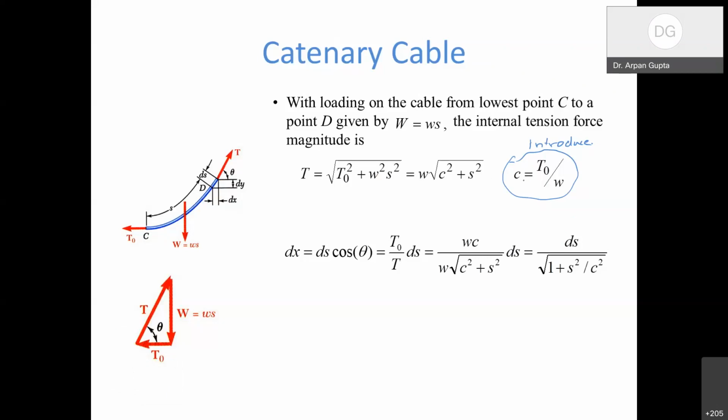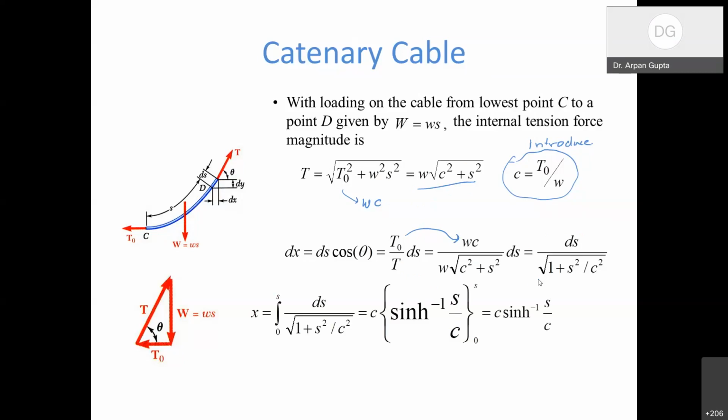If I introduce c as T naught by w, and substitute T naught as wc, then the w will come out of the square root and we will have this expression. Now I can substitute here: T naught is wc, and T is equal to this expression. Again w cancels, c I can take below the square root, and I get an expression something like this.